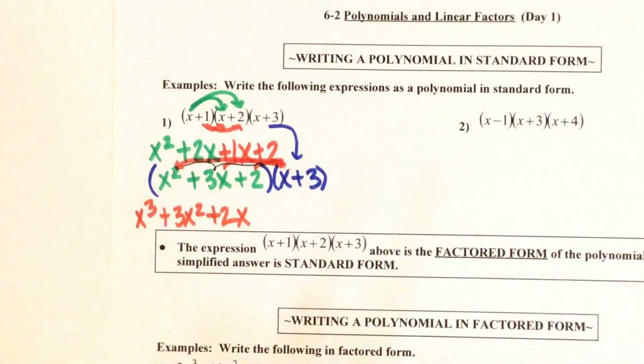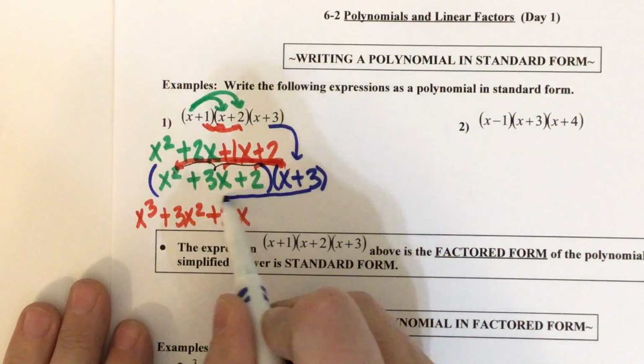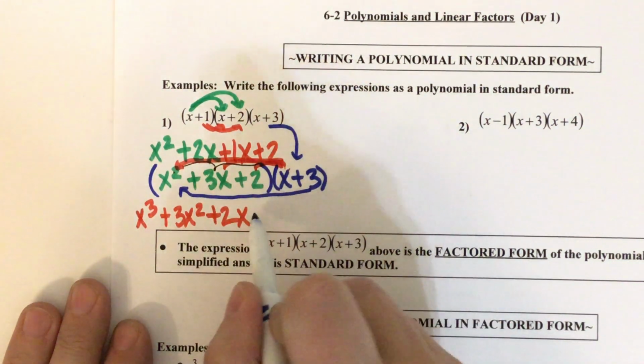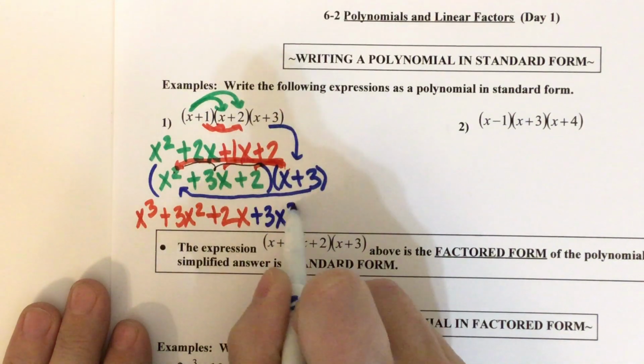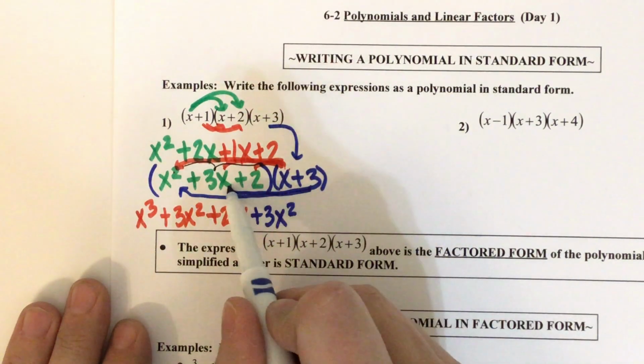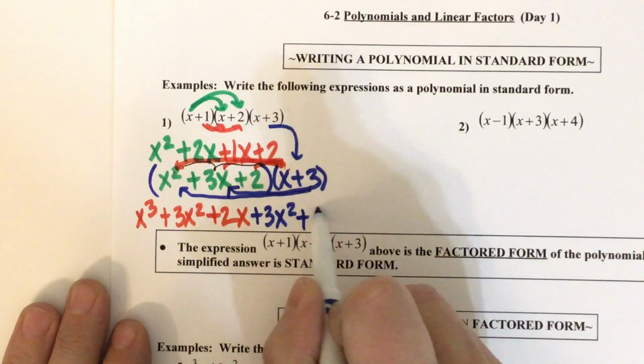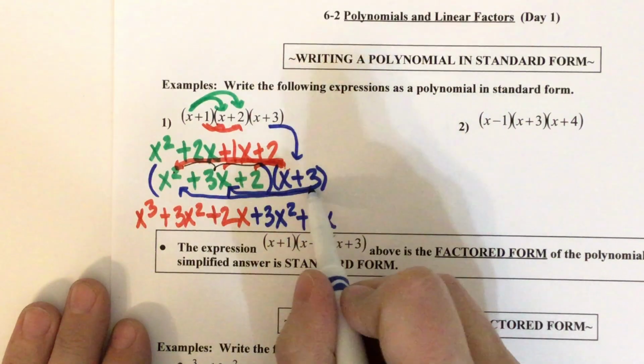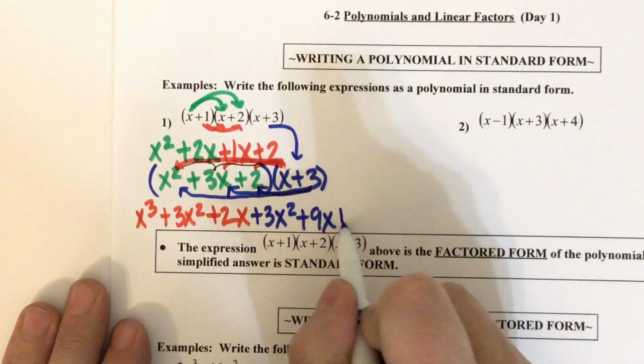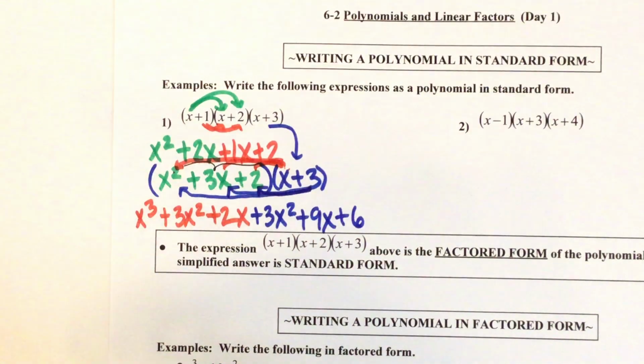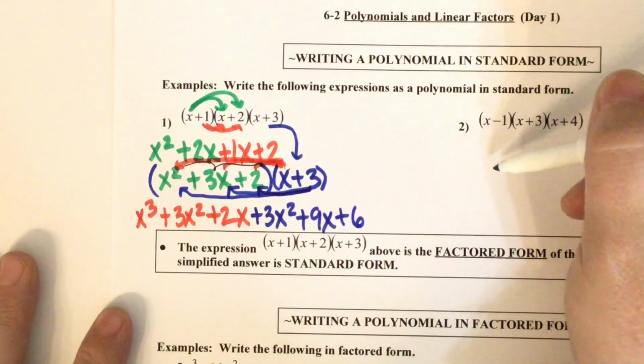All right, now let's distribute the 3 with everybody in the front. So what's 3 times x squared? 3x squared. How about 3 times 3x? 9x. And how about 3 times 2? 6. Okay, so I didn't leave any room to combine like terms, so I'll just do it over here.